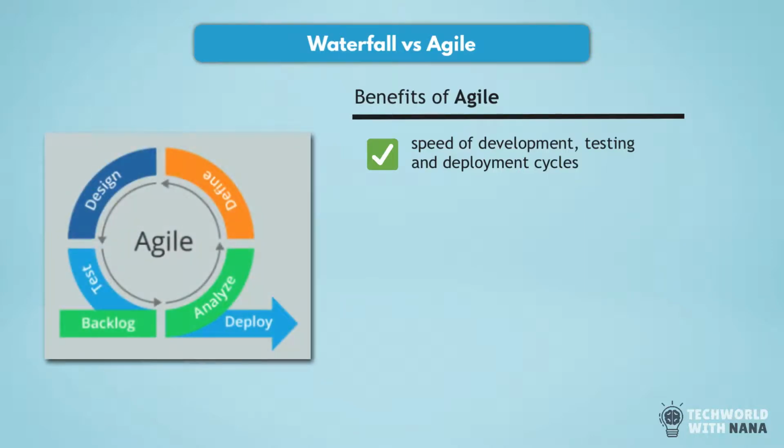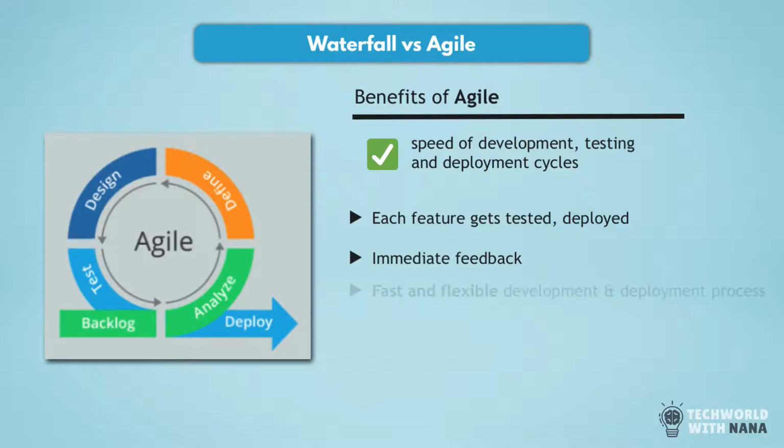So instead of waiting to develop the whole application start to finish, each new feature gets tested and deployed, and there's immediate feedback if there is some bug in that feature or if the deployment doesn't work. Agile allows for a more dynamic, fast, and easily changeable development and deployment process.